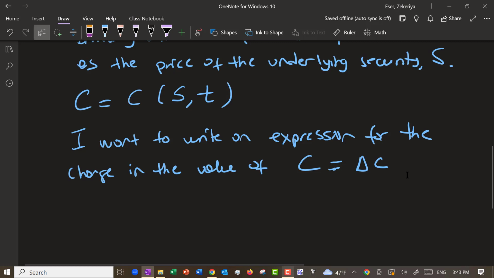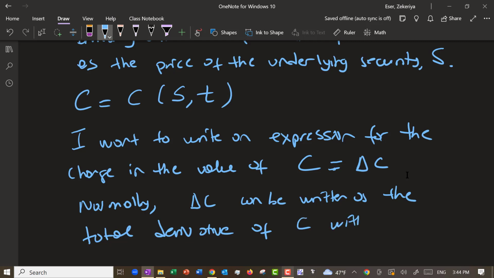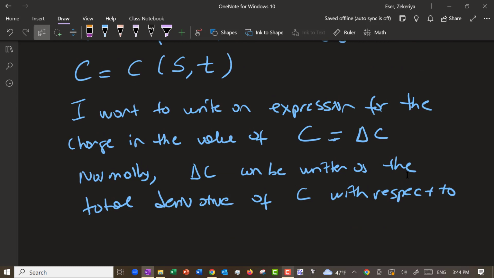Normally, delta C can be written as the total derivative of C with respect to S and t.